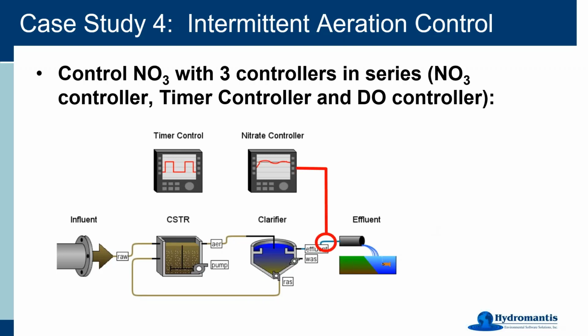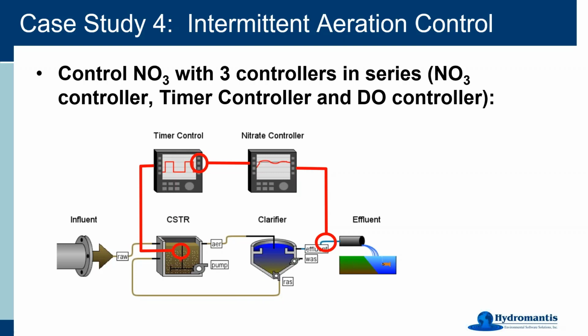So just to summarize that, we have a nitrate controller that's going to look at nitrate concentration, and it's going to compare that to the set point that has been handed to it. It is then going to make a change to the timer controller, to the length of time that it spends doing aeration and the length of time that it spends being anoxic. And then that is going to look at where we're at, and it's going to say, you know what, we're supposed to be in an anoxic time, but I want to make sure the DO is 0.